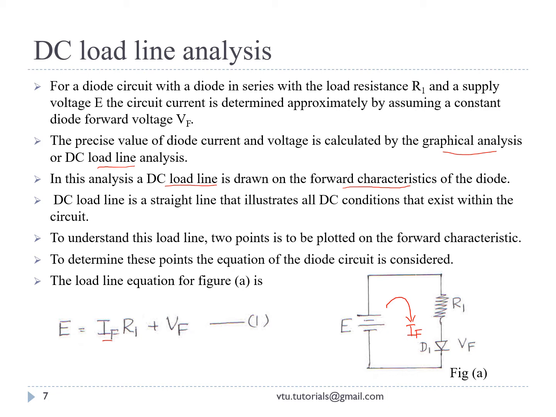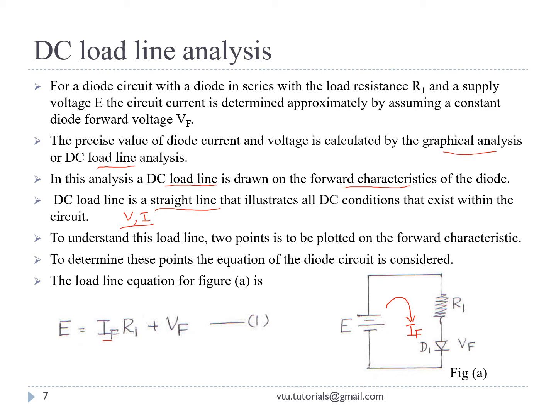This DC load line is a straight line that gives all the DC conditions that exist within the circuit. DC condition means for a particular voltage V, there exists a current I. All the values of current I for a particular voltage on this straight line will be the DC load line.